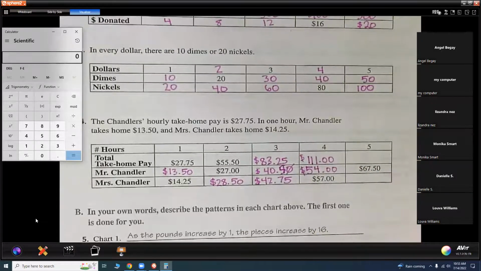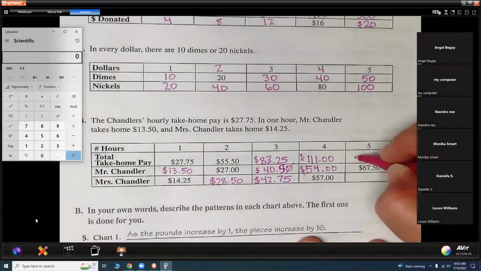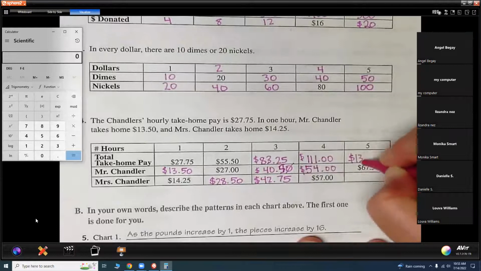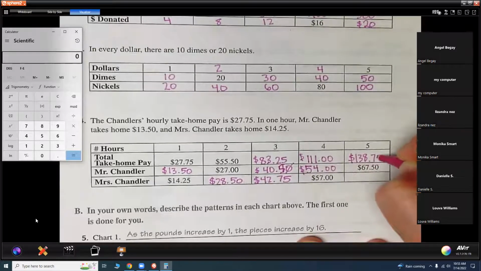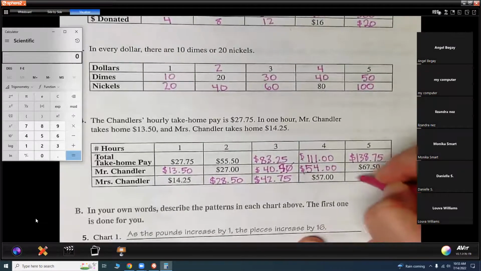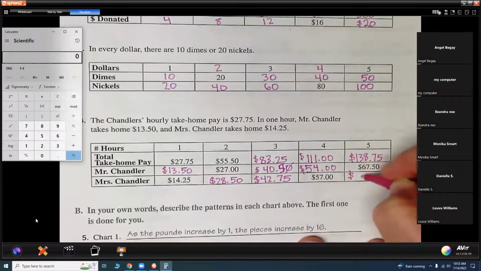Okay, and then 5 hours of work. And how much is Mrs. Chandler making in 5 hours? All right, thank you.